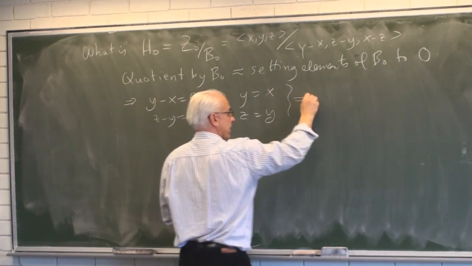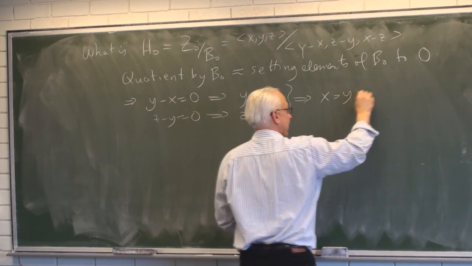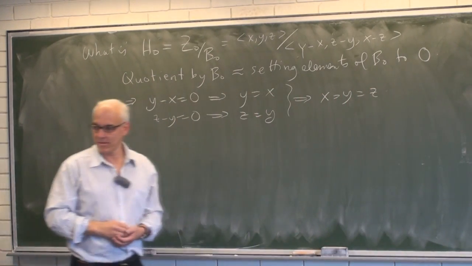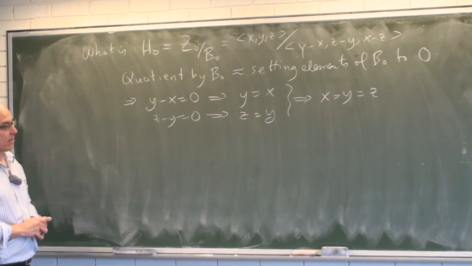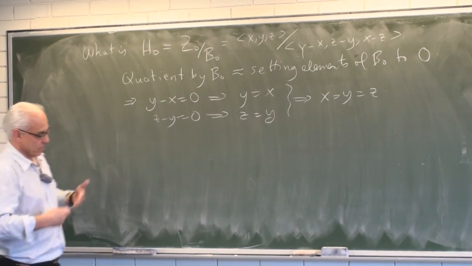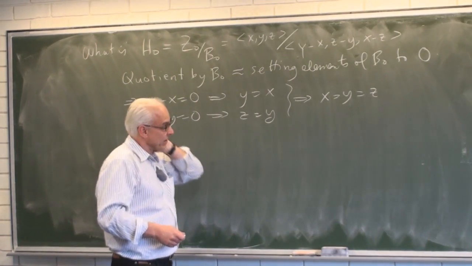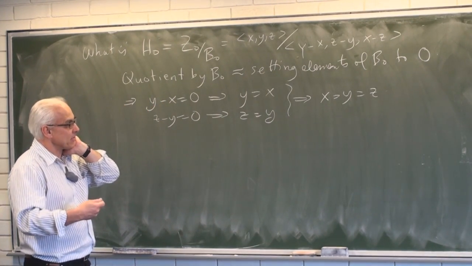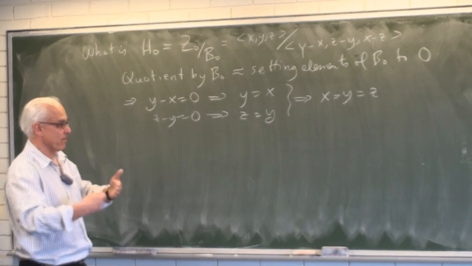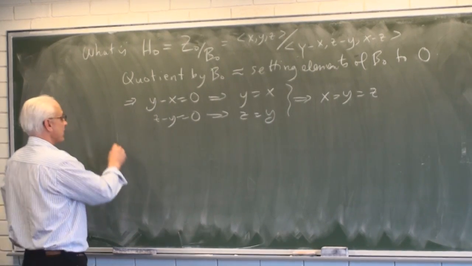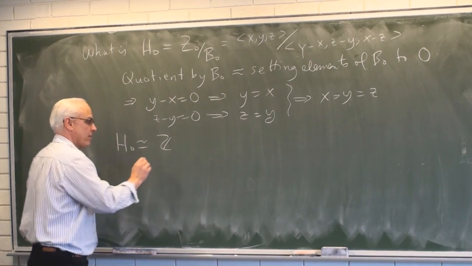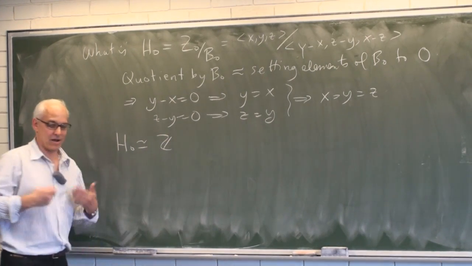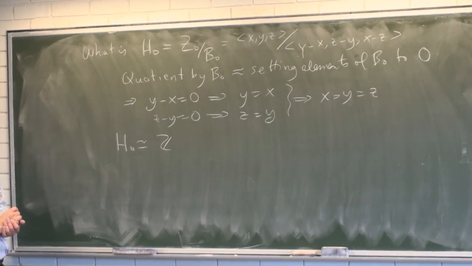So in other words, x equals y equals z. So it means that there's really only one degree of freedom in what's remaining. So the quotient, H0, becomes just a copy of the infinite cyclic group.